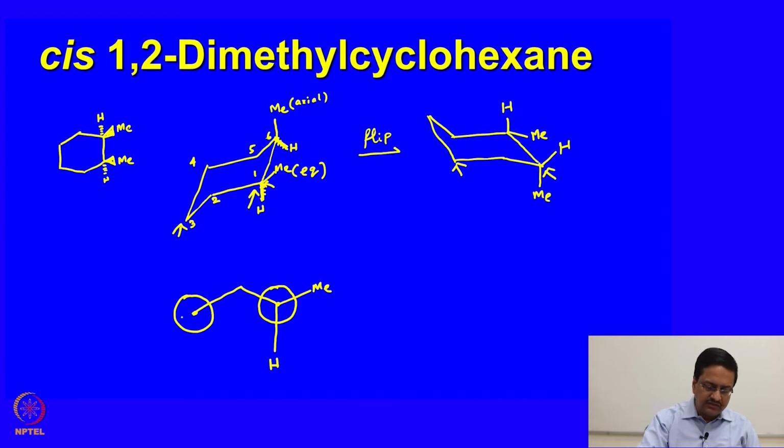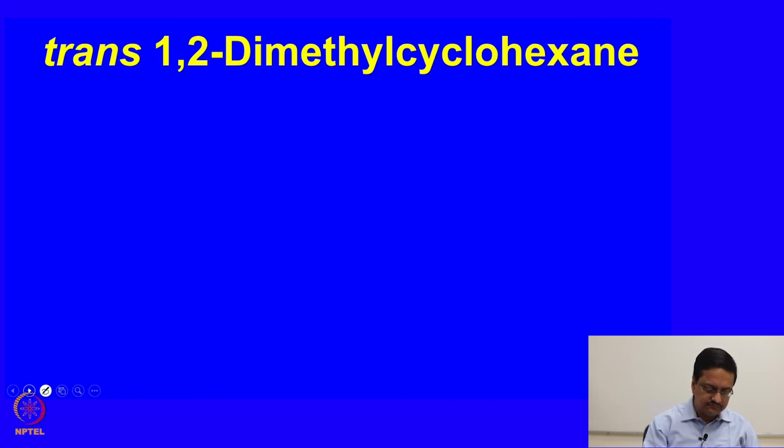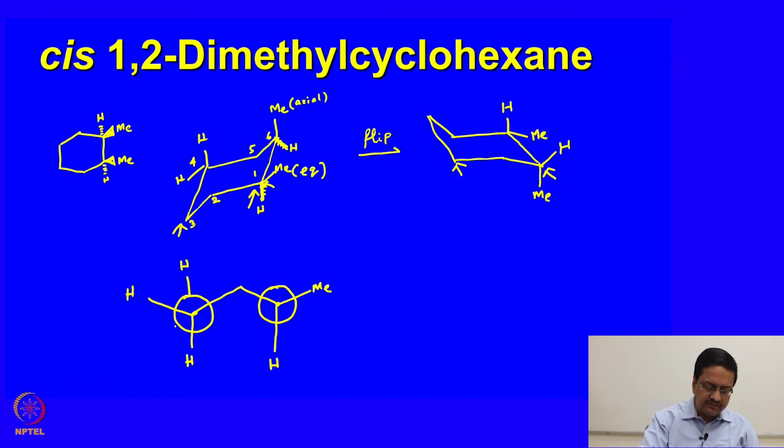And then on carbon 3 we have one hydrogen here and the other hydrogen there. Then on carbon 4, this axial hydrogen is here, that equatorial hydrogen is here, and the bond from 4 through 5 to 6 is like this.